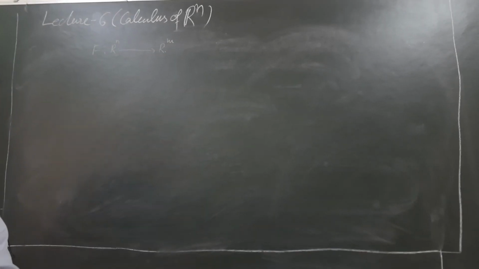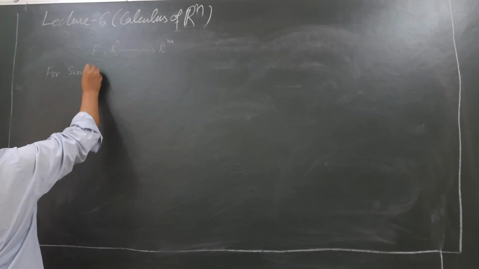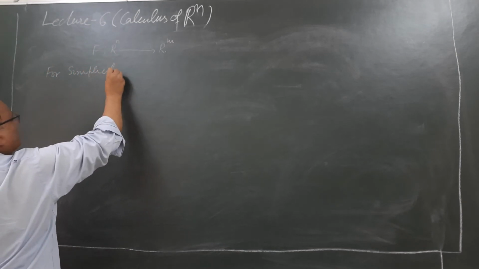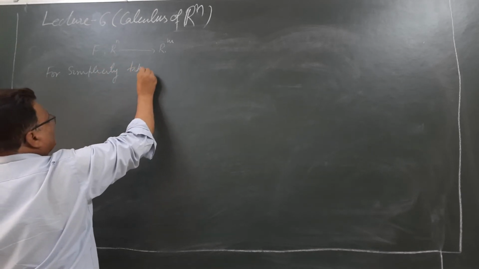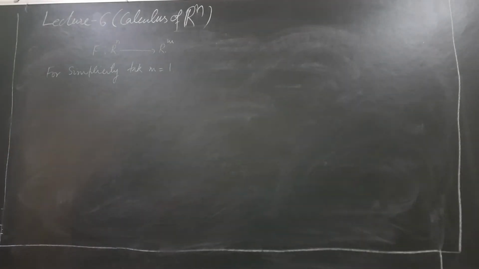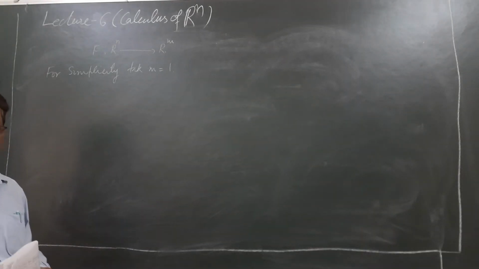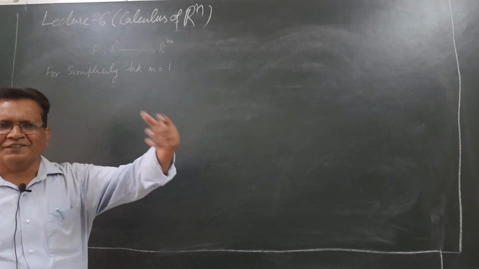So for simplicity, take m equal to 1. ठीक है ना. अगर m को 1 ले लें तो आपके लिए आसान हो जाएगा. और एक बार m को 1 के लिए हो गया तो फिर सब के लिए हो गया.